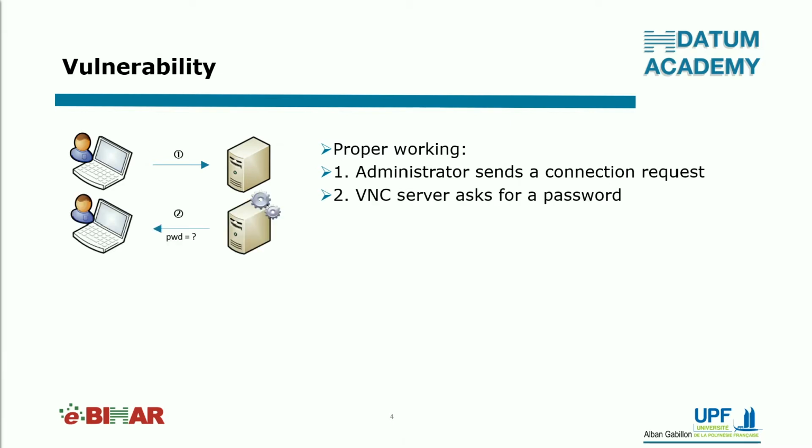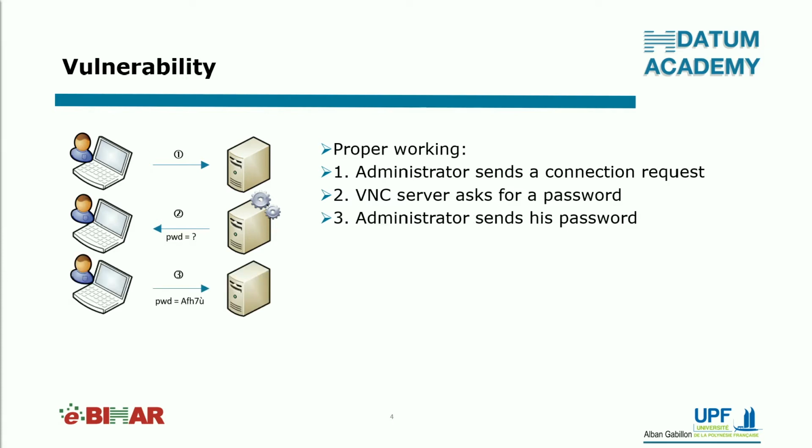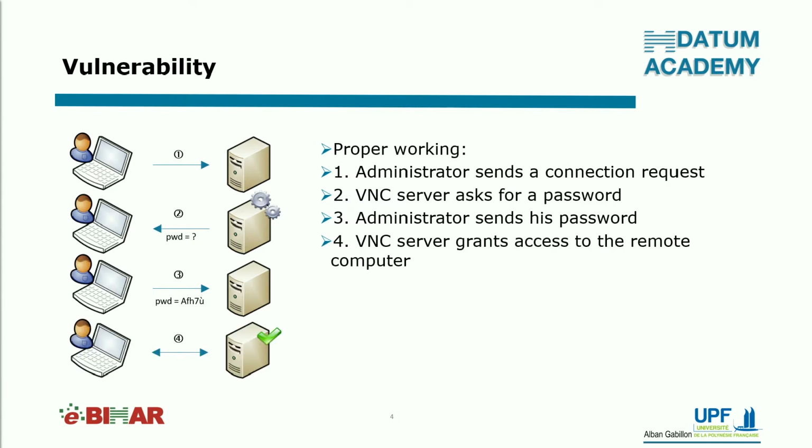The VNC server asks for a password. The administrator provides this password. And finally, the VNC server gives the administrator access to the remote computer. And the administrator can intervene on the remote computer. So this is the normal behavior of the VNC application.